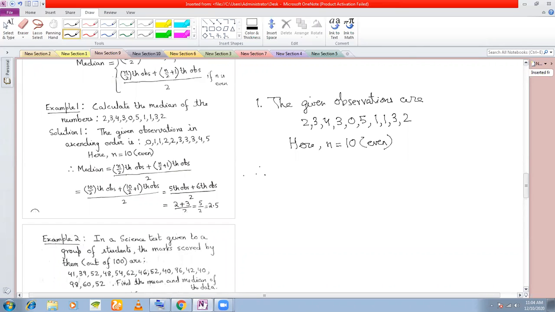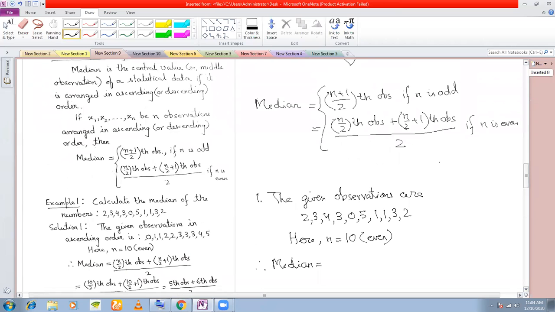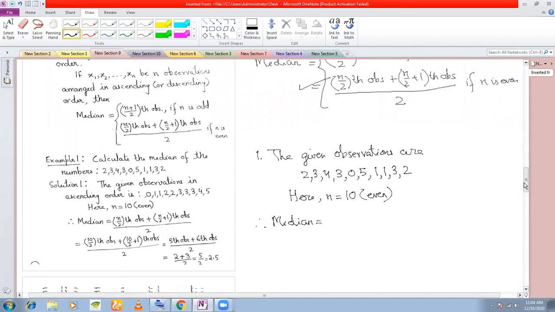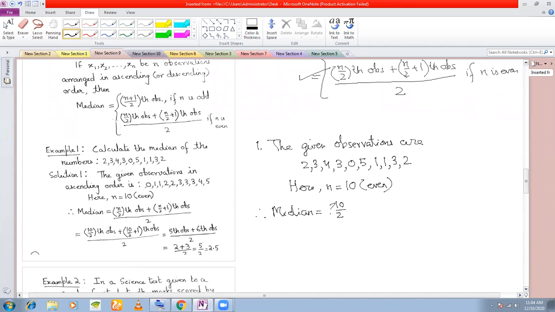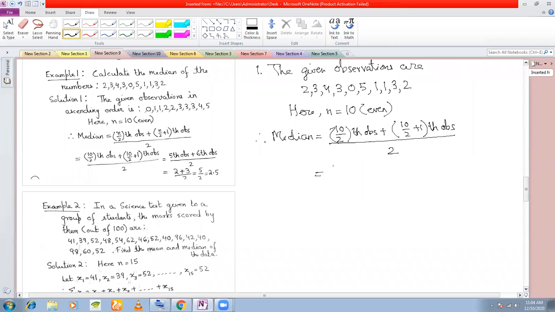So what should be the median? Median is equal to, for n even, we use this: 10 by 2th observation plus 10 by 2 plus 1th observation, divided by 2, which is equal to the 5th observation plus the 6th observation, divided by 2.